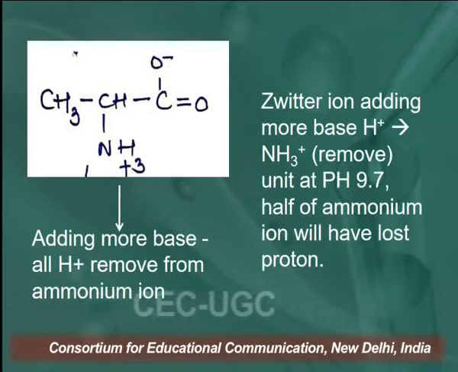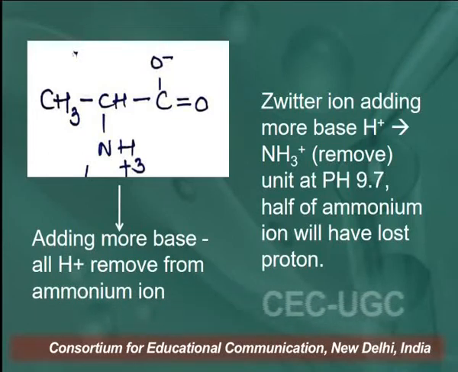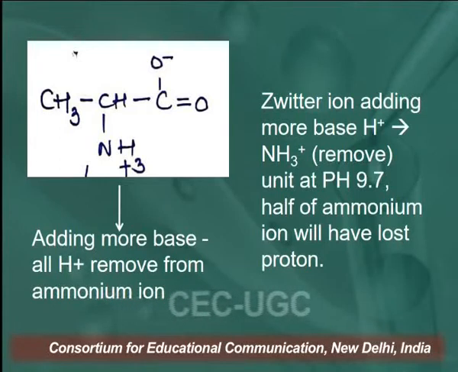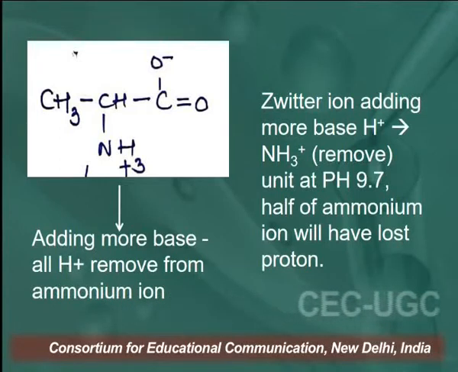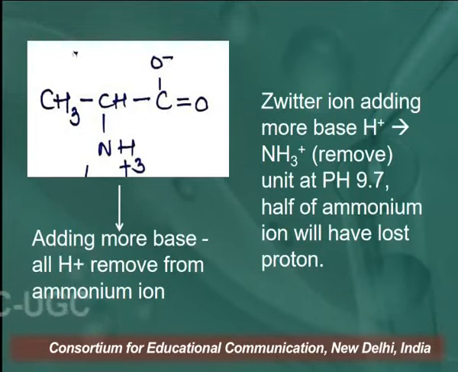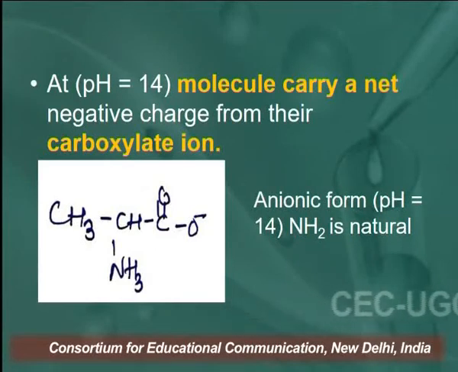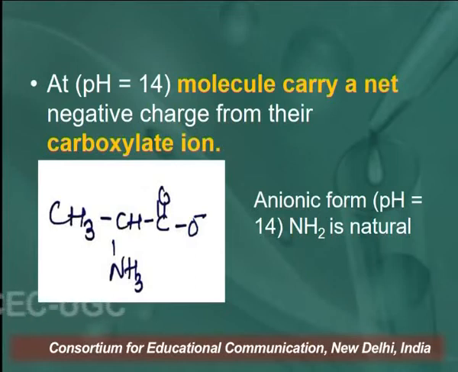Half of the proton from the carboxylate ion is removed, and when we add more base, half of the proton from the ammonium ion is lost. In between that we get a Zwitter ion.